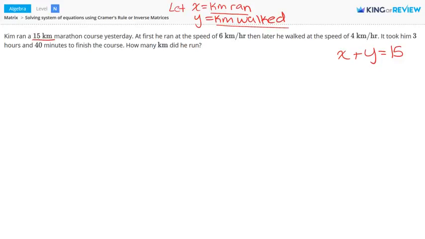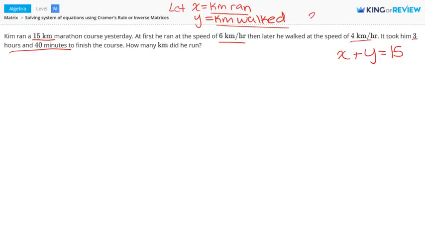Now let's consider the different speeds. Well, he ran at a speed of 6 kilometers per hour, and then he walked at a speed of 4 kilometers per hour. And the total time that it took him was 3 hours and 40 minutes. So let's first rewrite 3 hours and 40 minutes as a fraction.